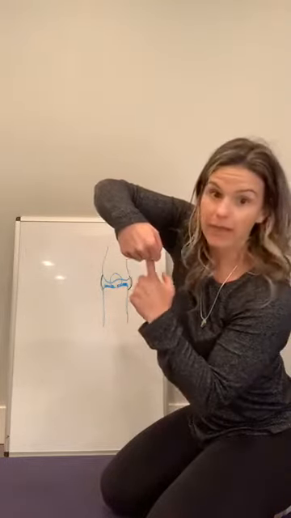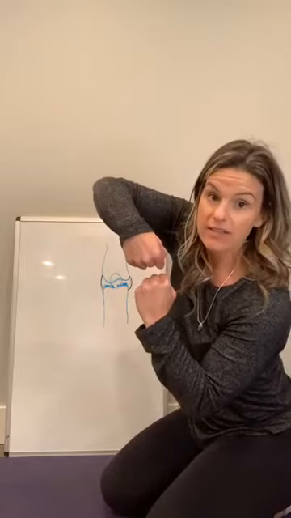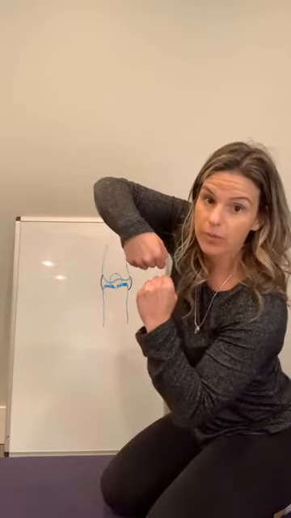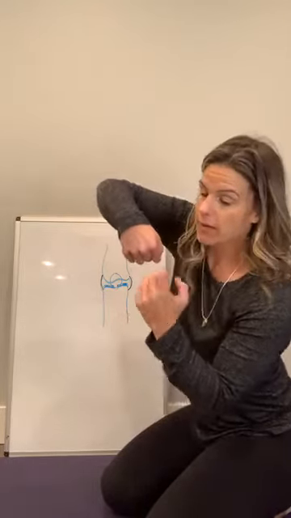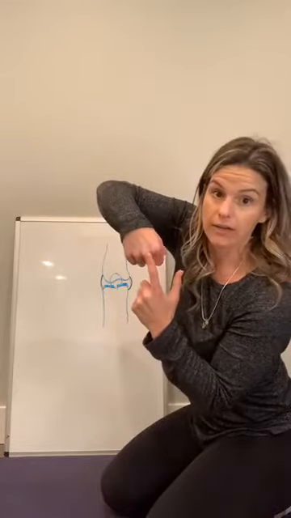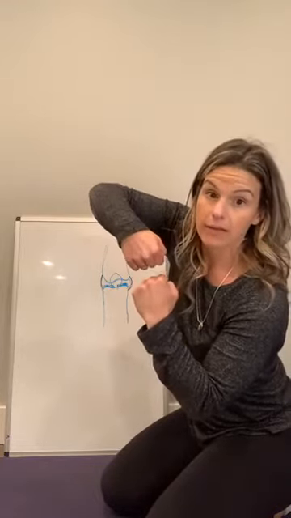So if you think of a band that went from back here to here, it's going to stop your shin bone from going forward. PCL is the opposite, front of the femur to the back of the tibia. You know the soccer players that blow their ACLs, usually it's because someone came out of nowhere, hit the back of their leg, their tibia went forward, and tore their ACL, okay?